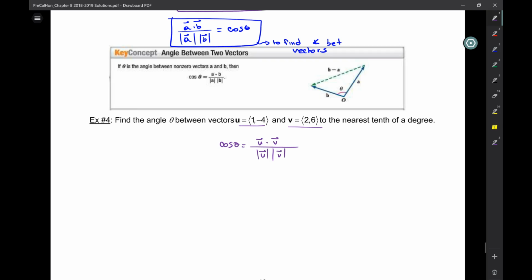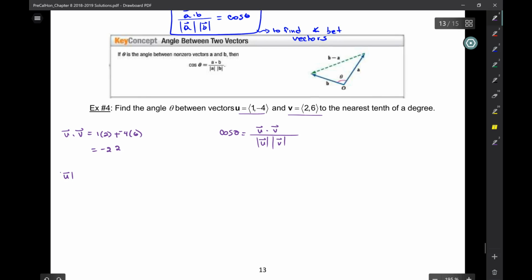Okay, so u dot v is going to be 1 times 2 minus 4 times 6, minus because it's technically plus times negative, all right? So u dot v is negative 22.